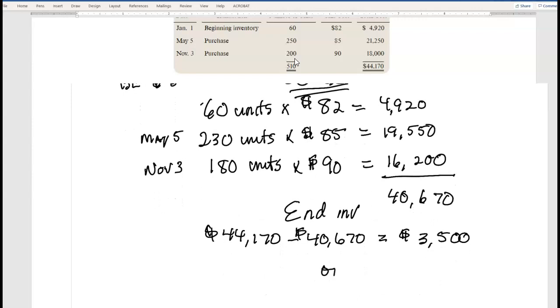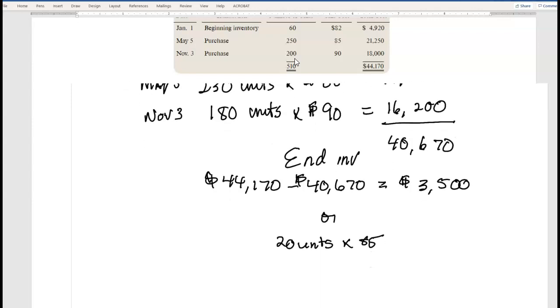Or 20 units times $85 plus 20 units times $90. Or $3,500.